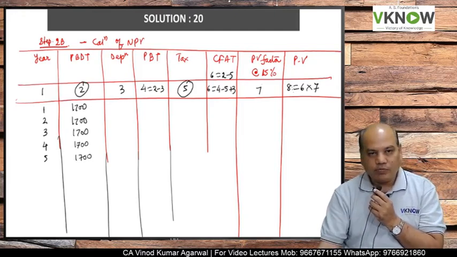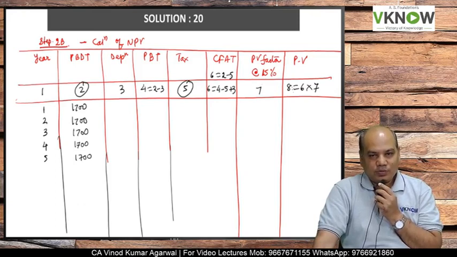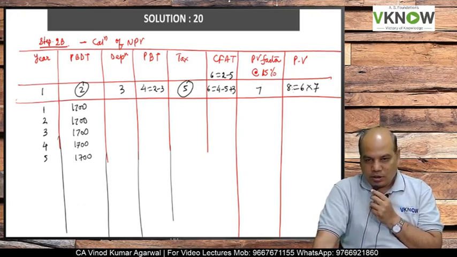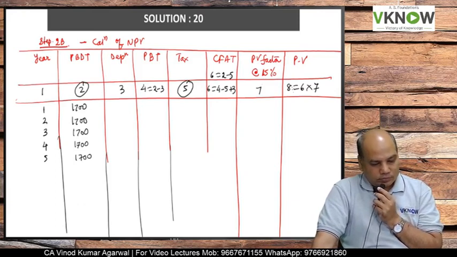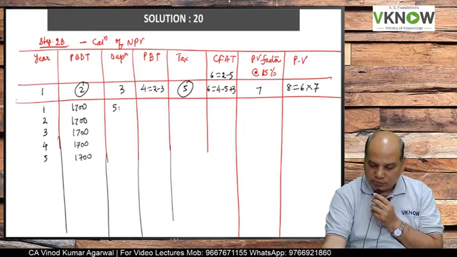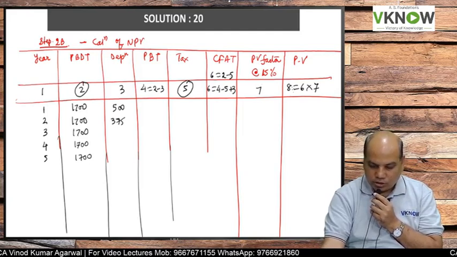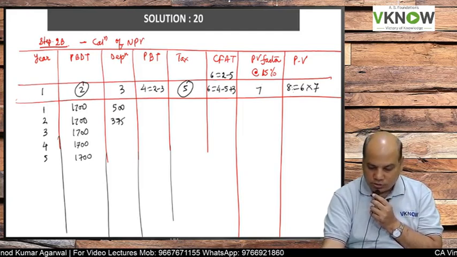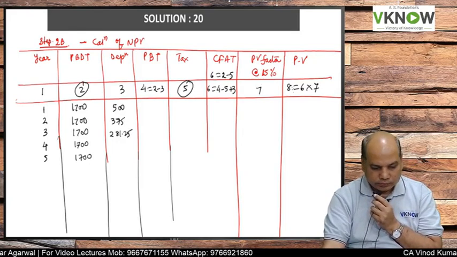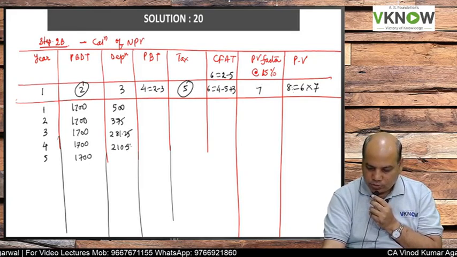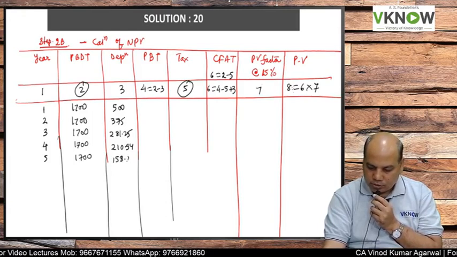Then whichever one you find easy, convenient, less time consuming, and depreciation you copy from the previous one. Do you remember depreciation was 500? Same as original answer. Depreciation will not change. 281.25, 210.94, 158.20.